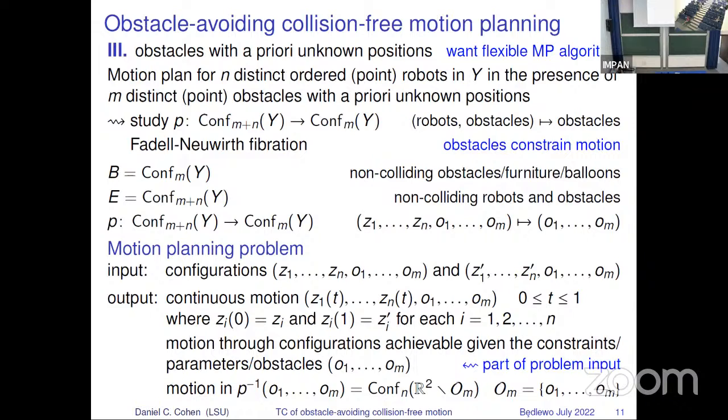These kinds of considerations suggest not studying the configuration space of points in Y, or points in Y with a fixed number of points removed. They suggest studying the Fadell-Neuwirth fibration, or bundle of configuration spaces, where you have a large number of configurations of distinct robots together with the distinct obstacles, and you project onto the configurations that are encoding the distinct obstacles.